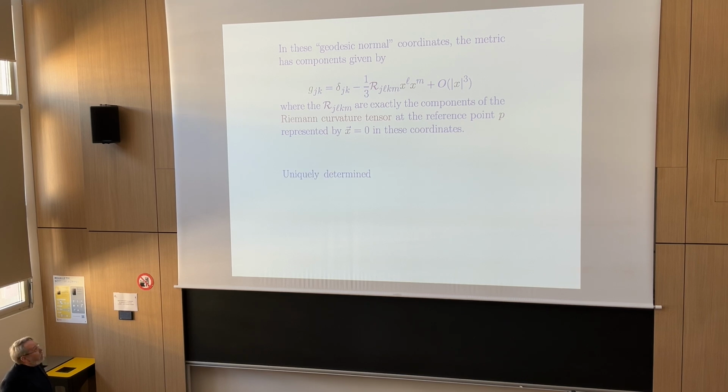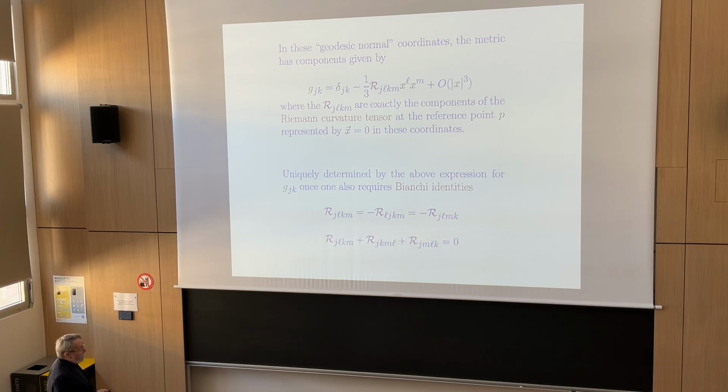if, on the other hand, like Riemann, you didn't know about covariant derivatives and so forth, and you tried to use this as the definition of the curvature tensor, you do have to impose a little bit of extra information, because you might notice that this expression actually only determines the symmetric part in L and M, and the fact that that uniquely determines the coefficients depends upon the first Bianchi identities: that R is skew in the first two indices and the last two indices, and that if you take the totally antisymmetric part in the last three indices, you get 0.